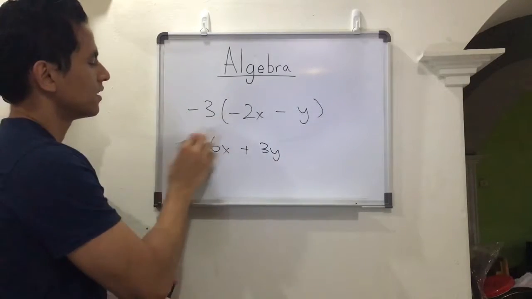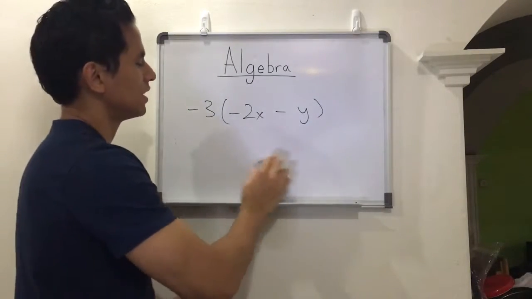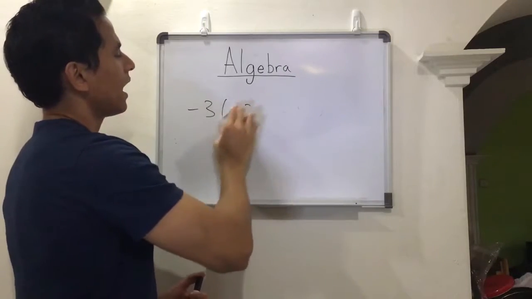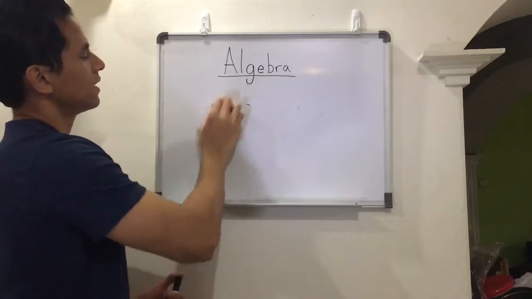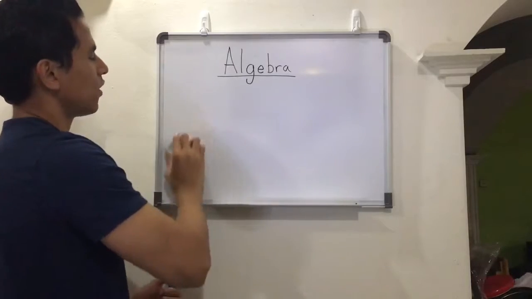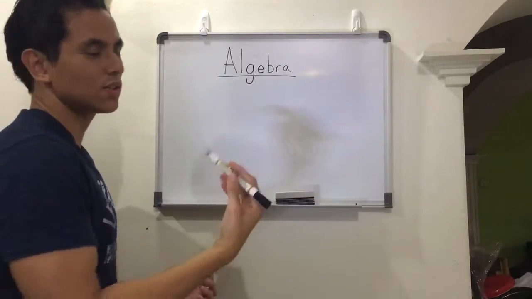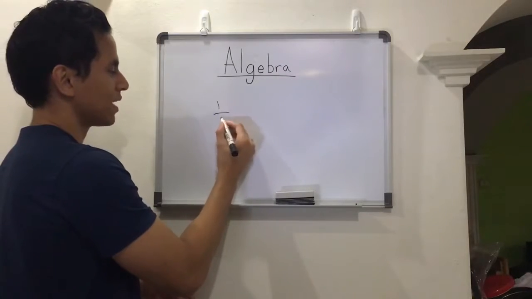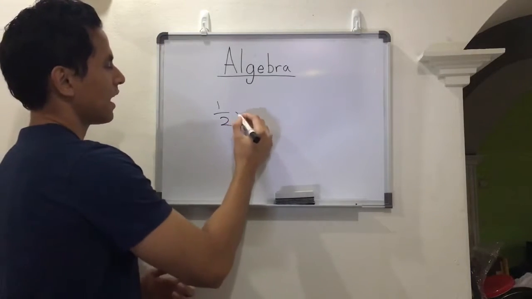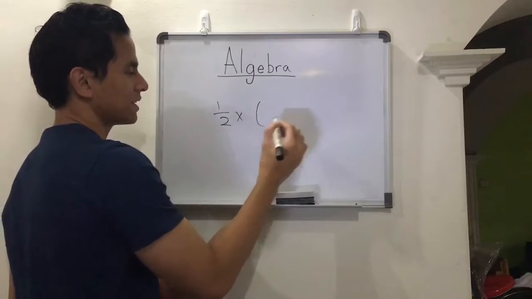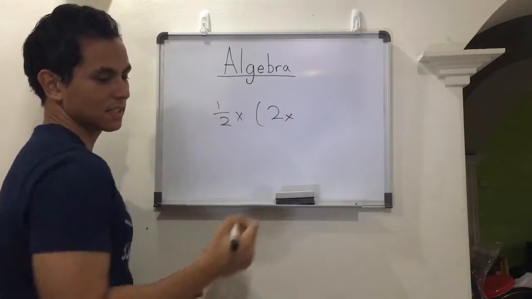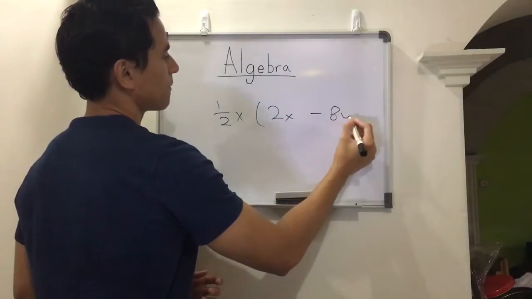Now, what if I were to expand an equation or terms that have fractions? So this would be the example. Let's say we have half x multiplied by 2x minus 8y.